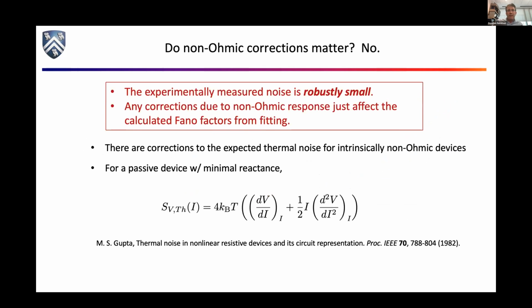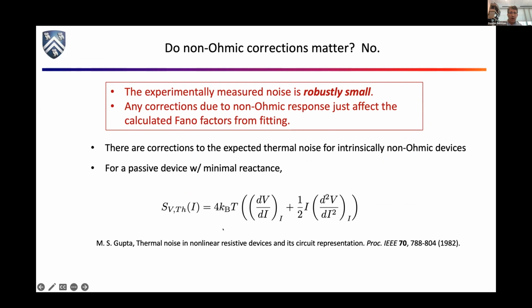You might also ask, do non-ohmic corrections matter, right? The fact I alluded to the idea that there's some non-ohmic response. There's some differential resistance that has a bit of a bias dependence, some of which is from heating, but not necessarily all of it. Does that matter?